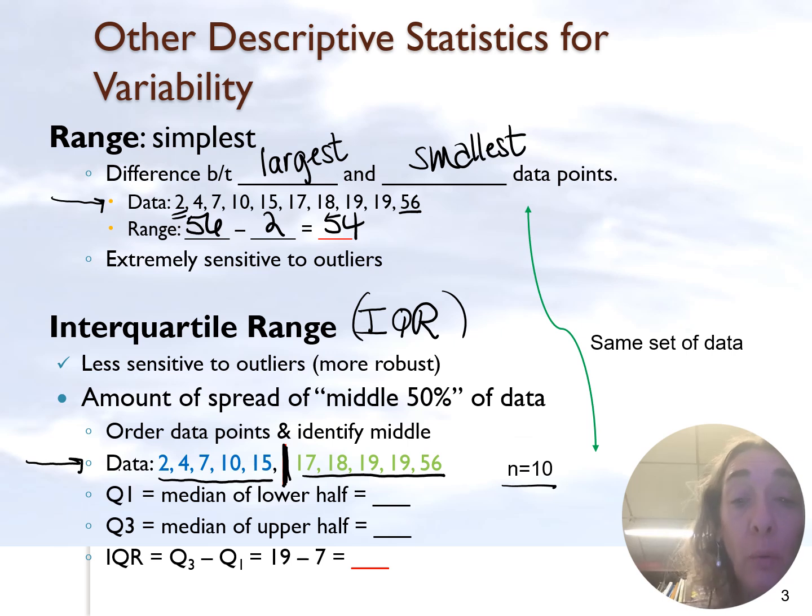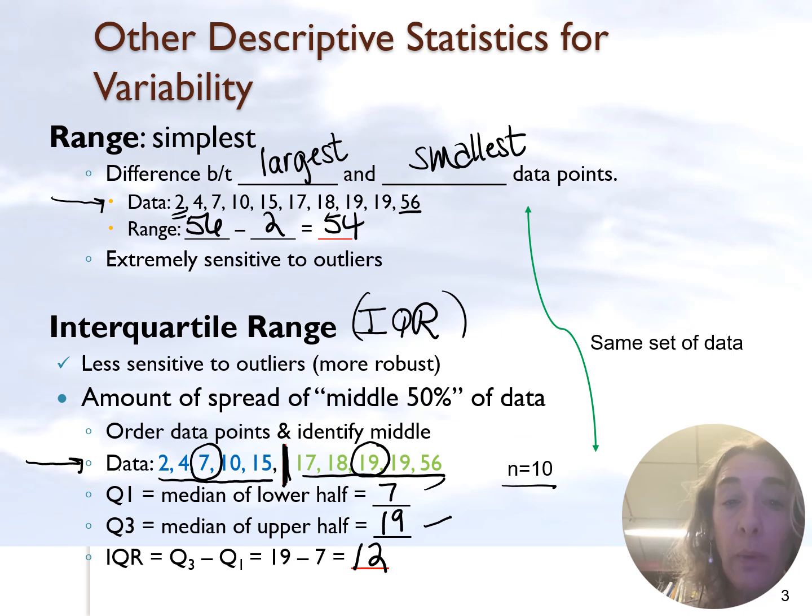We will define Q1, or the first quartile, as the median or the middle of the lower half of this data. So that's right there. We will define Q3, or the third quartile, as the median or the middle of the upper half of the data. That will be right there. The interquartile range is then Q3 minus Q1, or in this case, 19 minus 7, or 12.